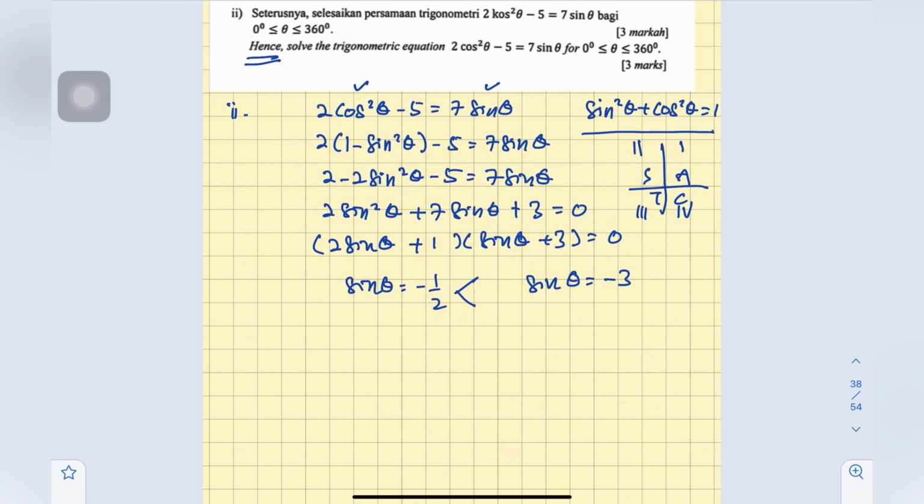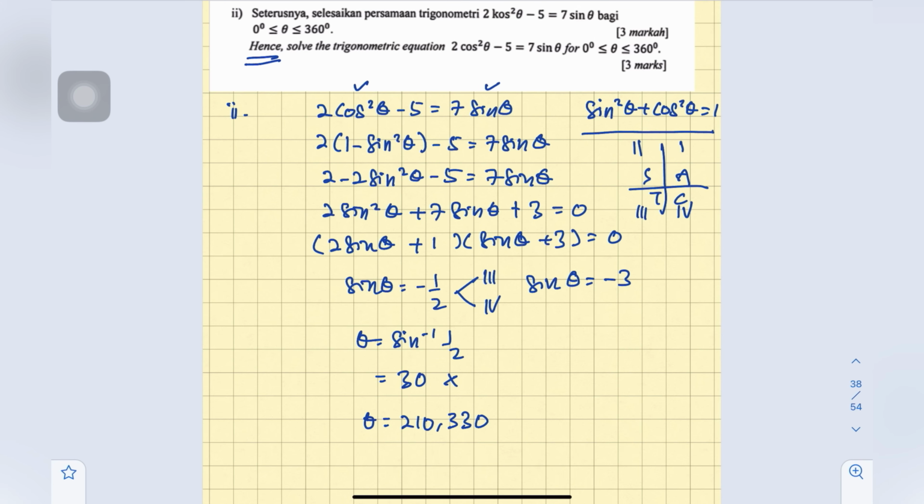Sin is negative in quadrant 3 and 4. Okay, so to find theta, shift sin 1 over 2 is 30 degrees. In quadrant 3, theta is 180 plus 30, which is 210. And in quadrant 4, 360 minus 30, 330.